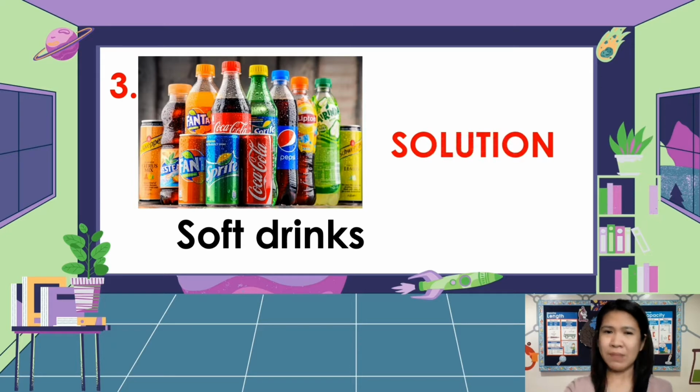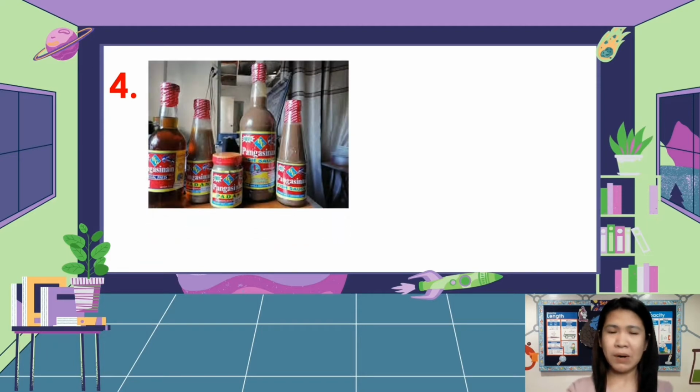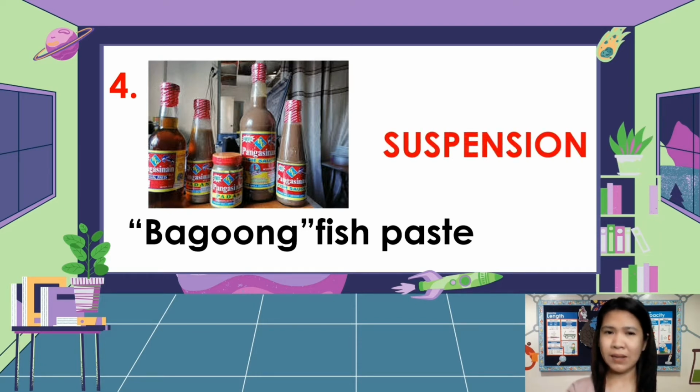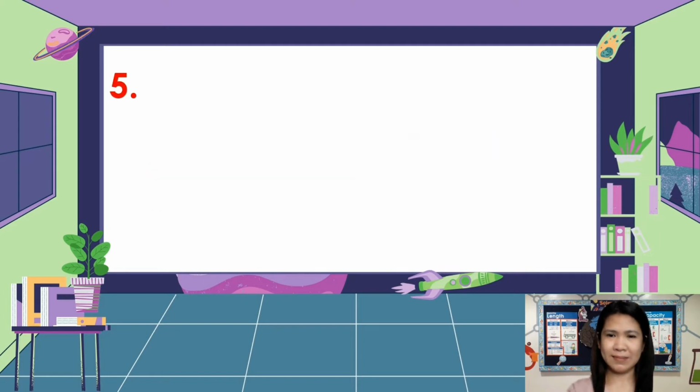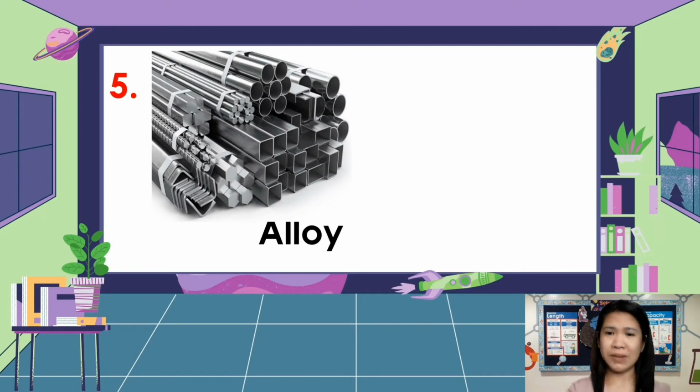Good job. Soft drinks is a solution. Number 4. Bagoong. You are correct. That is a suspension. Number 5. Alloy.